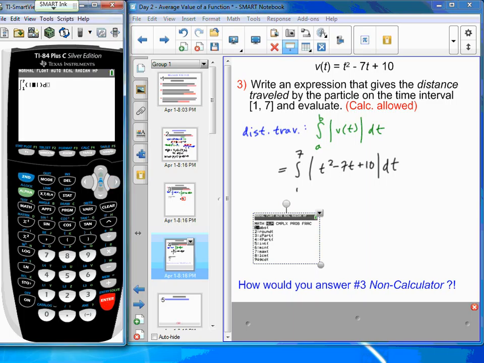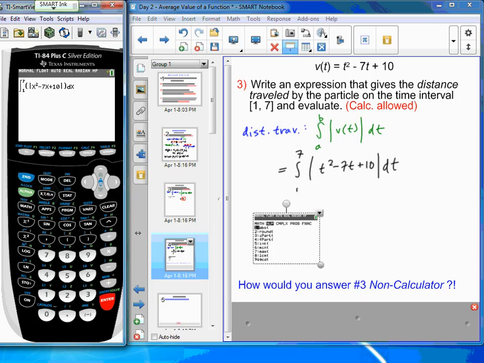And the same function, t squared minus 7t plus 10, dx, 1 to 7. Did I get it all? I think we're good? We'll give it a shot.